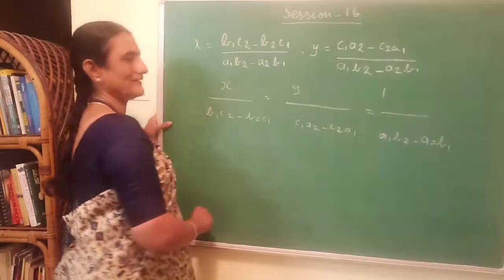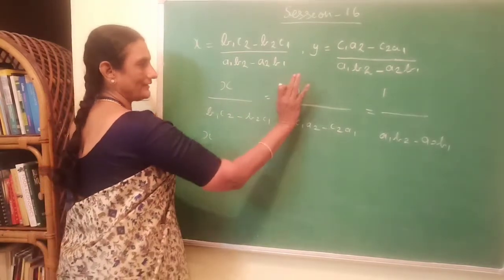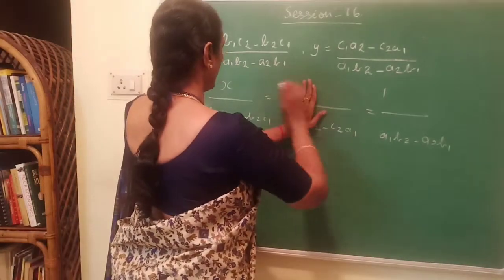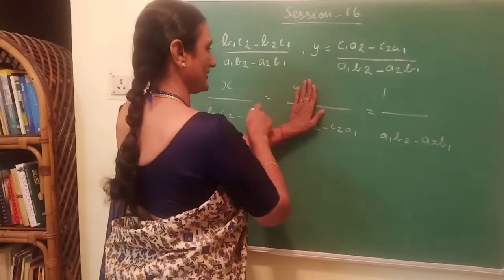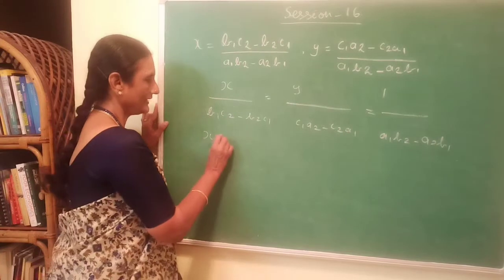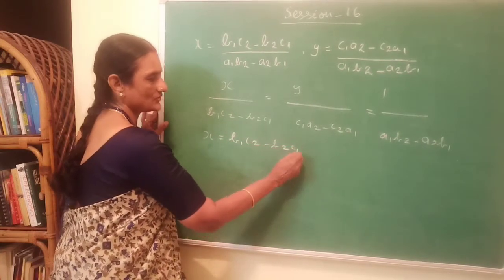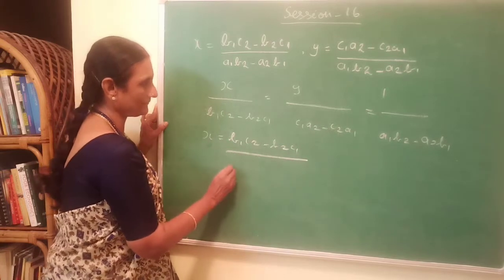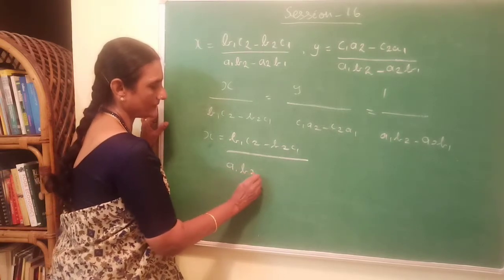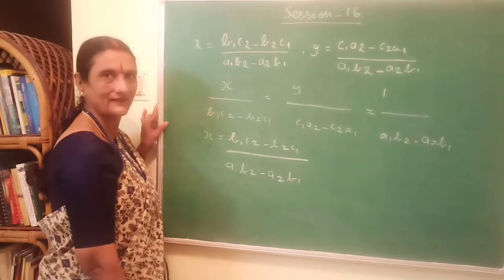Now you put it like this. Now tell me what is the value of x. You hide this. X is equal to b1 c2 minus b2 c1 divided by a1 b2 minus a2 b1. Correct?